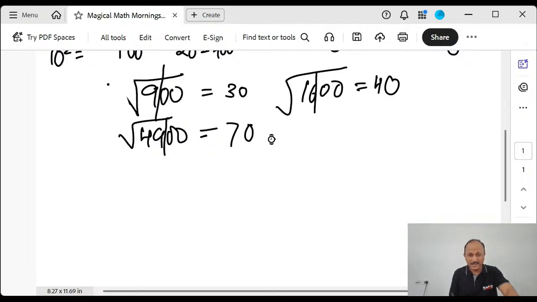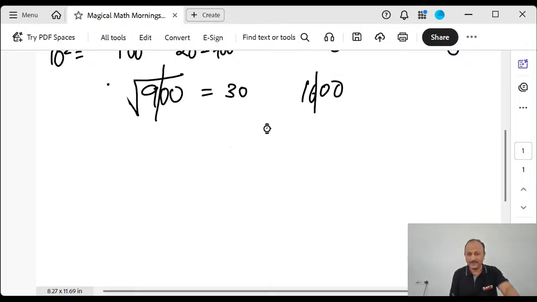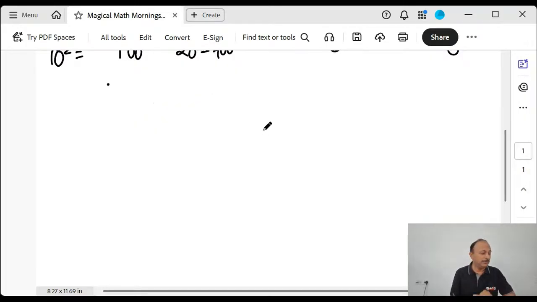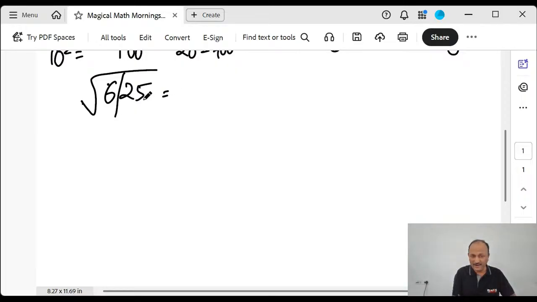Now, let's see how to handle numbers whose last two digits are 25. Suppose we want to find the square root of 625. What we do is divide this into two parts. The second part is 25, that means the unit digit is 5.